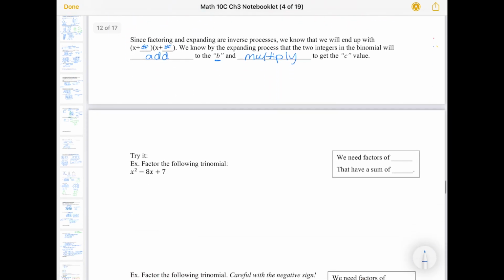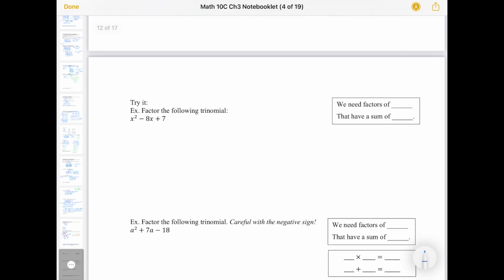So let's look at an example. Let's factor this. So I'm going to start by looking at the 7. So I need factors of 7 that have a sum of -8. Okay, well my factors of 7 are only 1 and 7, and -1 and -7.